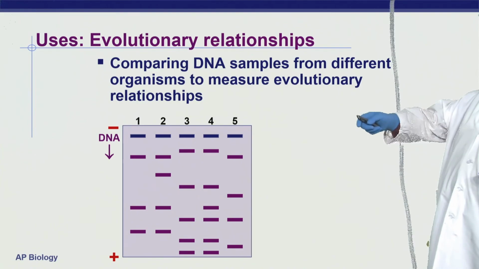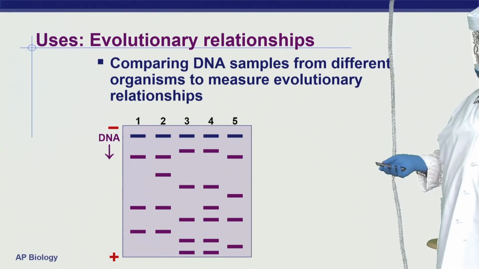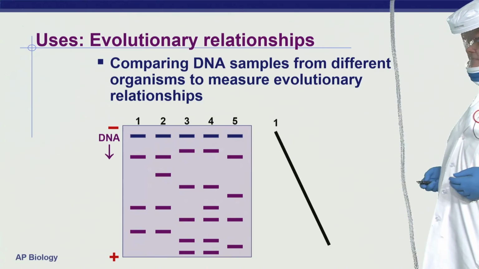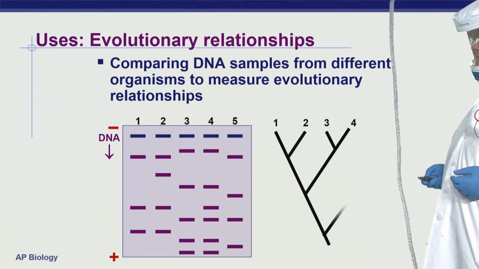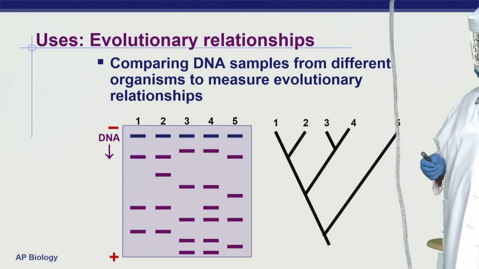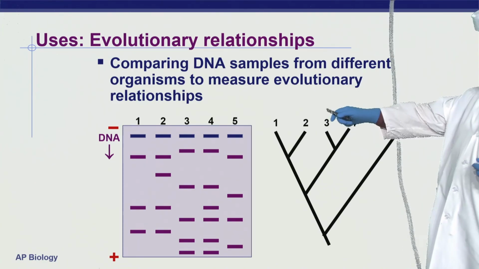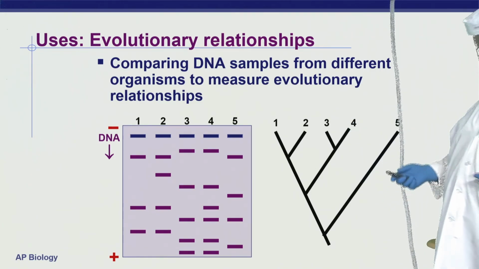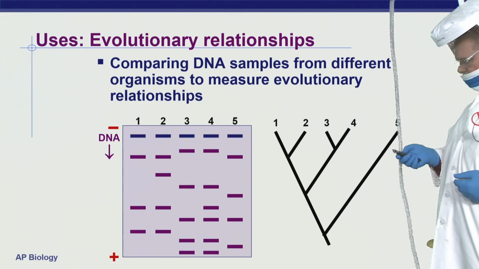And so they're determining how closely related two organisms should be by how much similar DNA they have. And this is called cladistics, where they determine how closely related the organisms are. And they end up coming up with family trees, essentially.